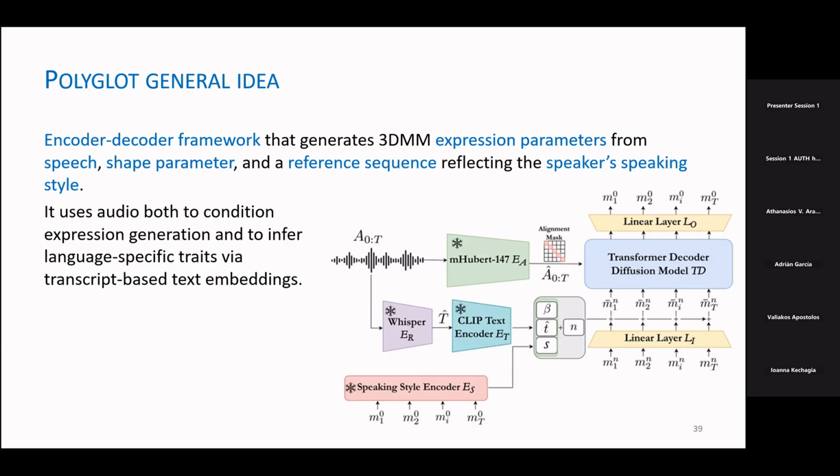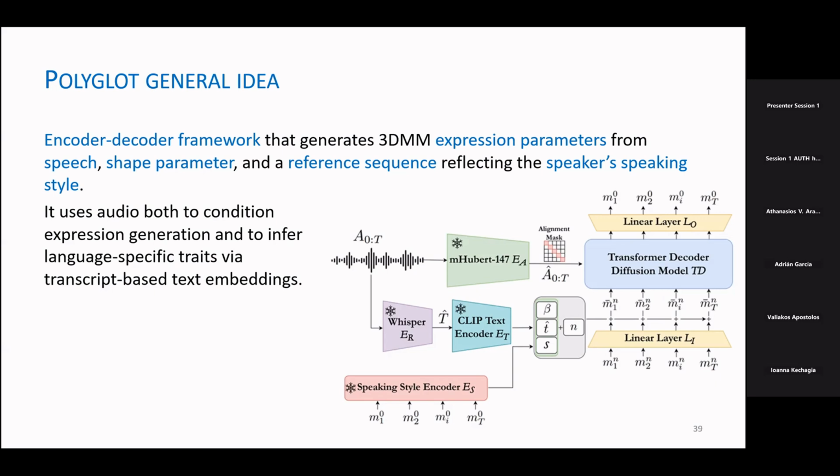So in that case we have that M1 to T is the sequence that we use as a reference style for a given person. So that sequence is taken as a representation of the specific talking style of a given individual. So we put together all these three encoded vectors as input to the transformer decoder that basically is a diffusion model.